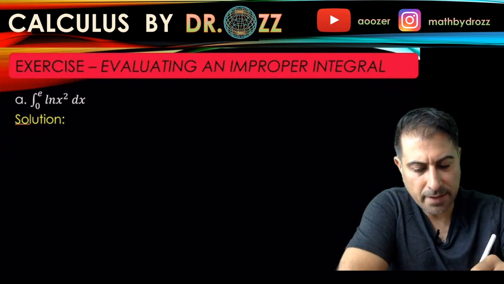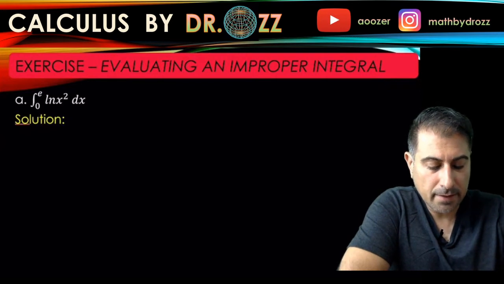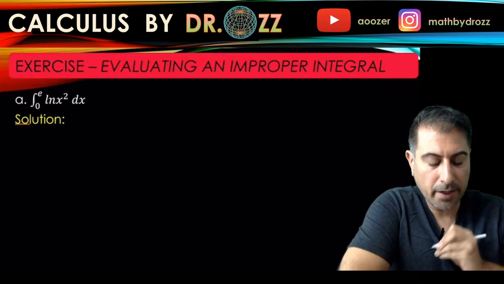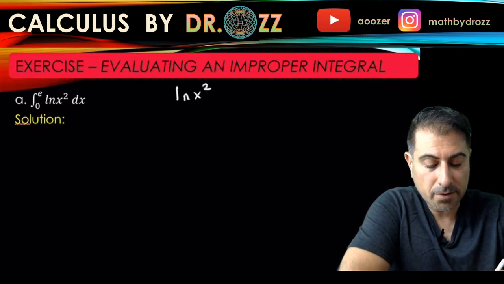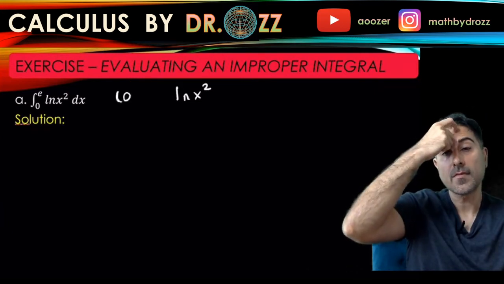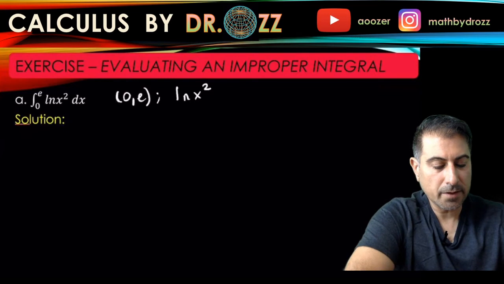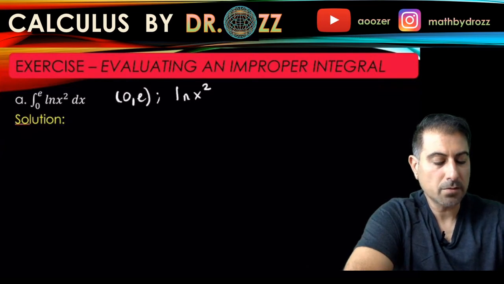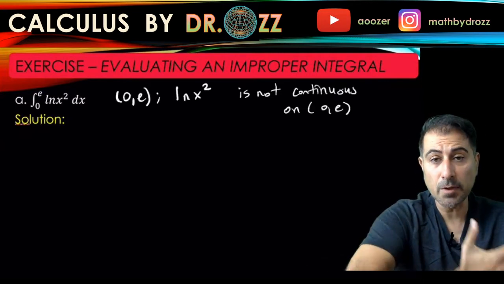Let's check, just to convince ourselves, that ln x squared is the function we're working with, and the interval of integration is 0 to e. First observation: ln x squared is not continuous on [0, e] because ln 0 is negative infinity, so it blows up.